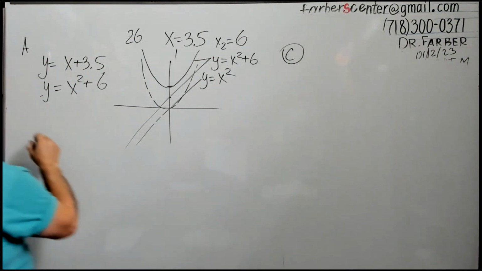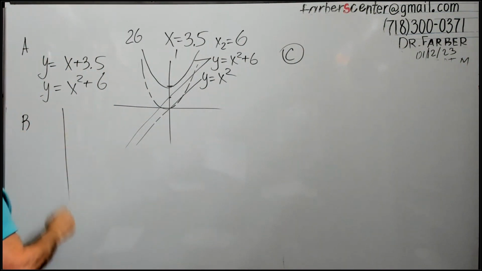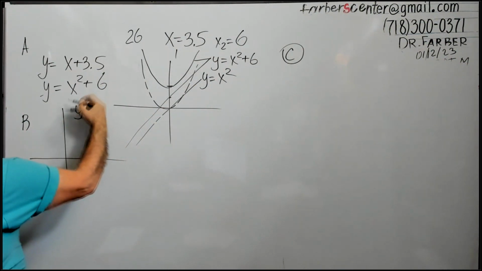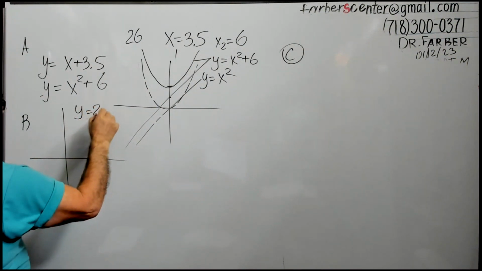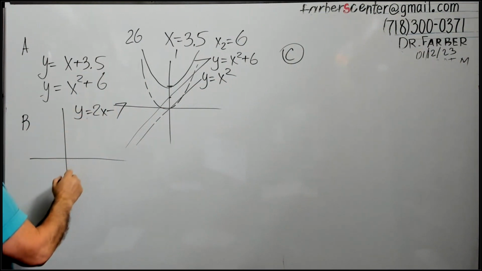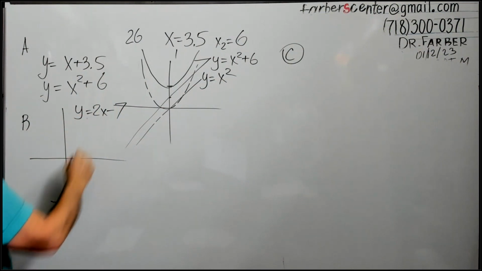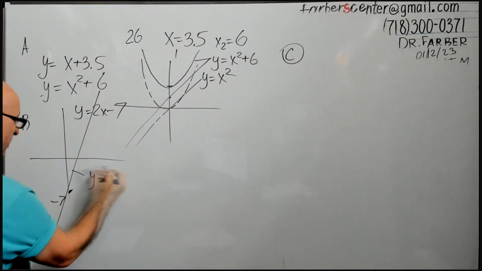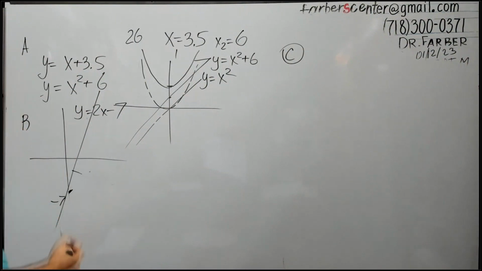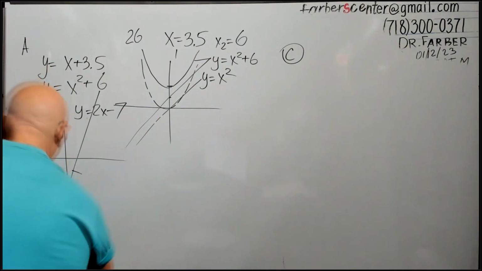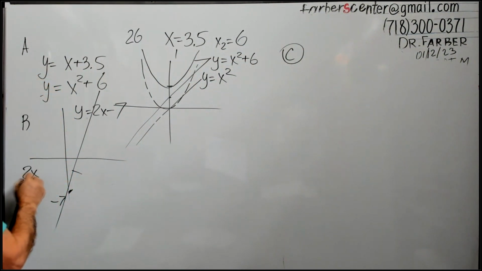Let's say B, how to make a sketch. What we have in B? y equals x minus 7. This is negative 7.